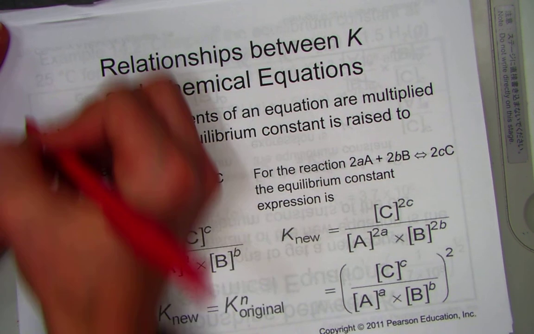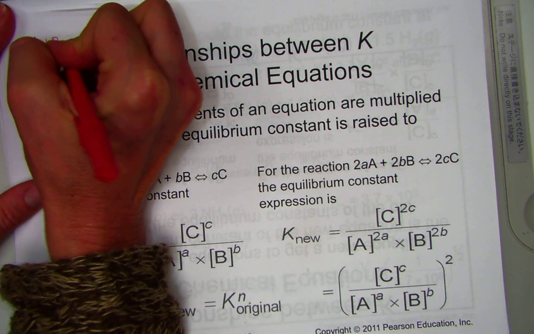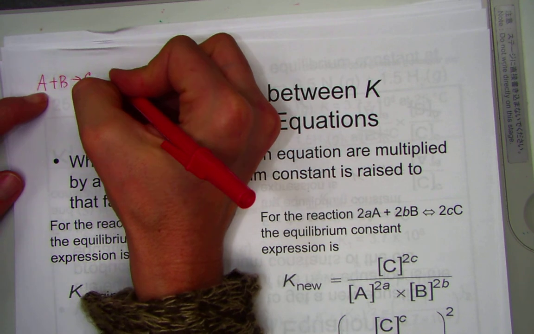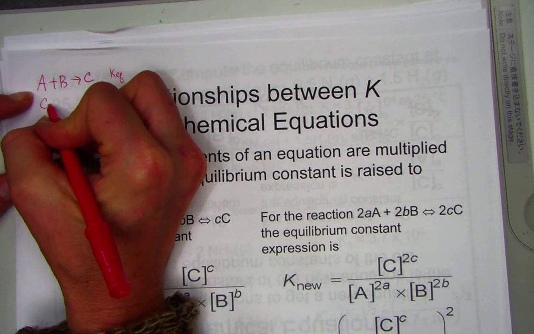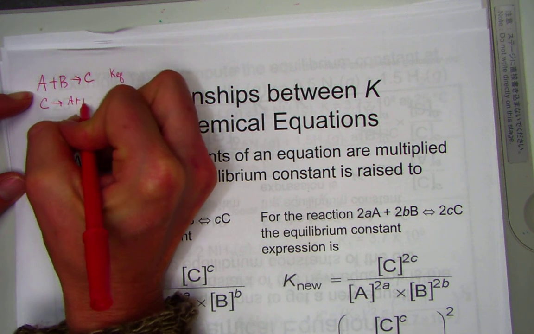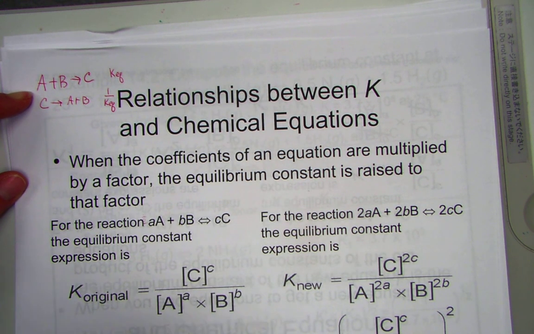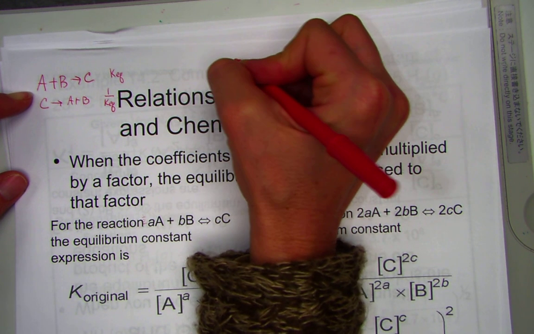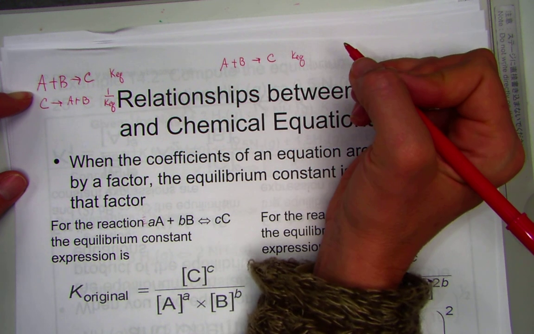So far we said A plus B goes to C, just to kind of keep our bearings. If A plus B is going to C, we get what's called an equilibrium constant. If you flip the direction, C is now going to A plus B, we know the new value would be 1 over the equilibrium constant. We take the reciprocal. Second example, we said, suppose our original value, A plus B goes to C. We have a number.